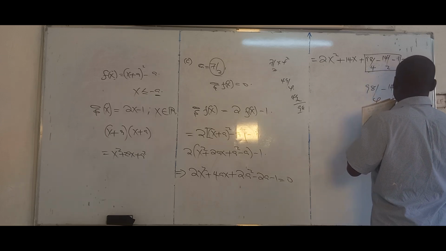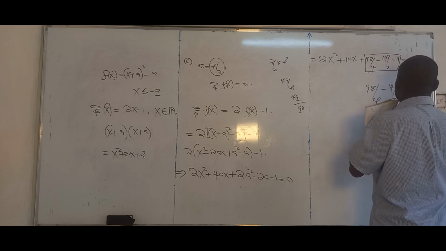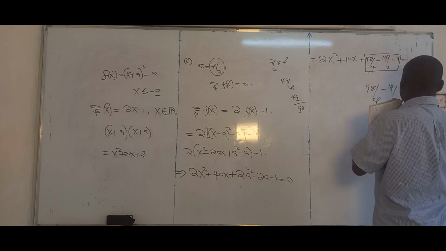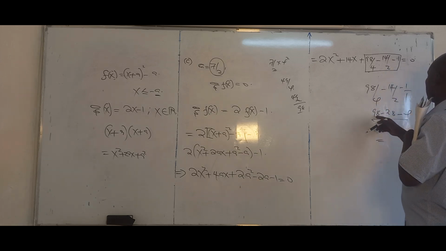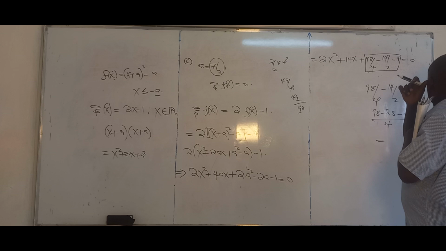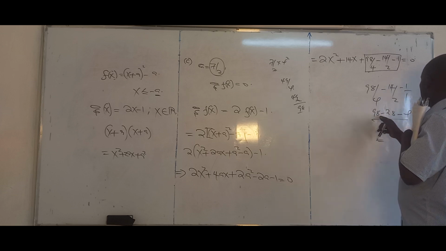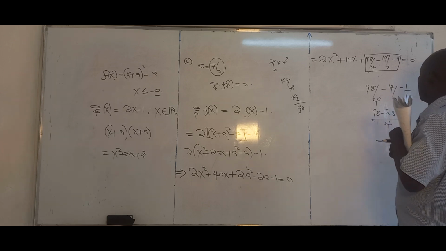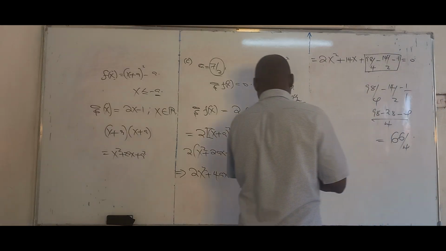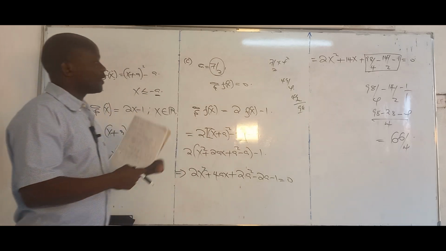So 98 minus 28 is 70, 70 minus 4 is 66. So we get 66 over 4 in that case.